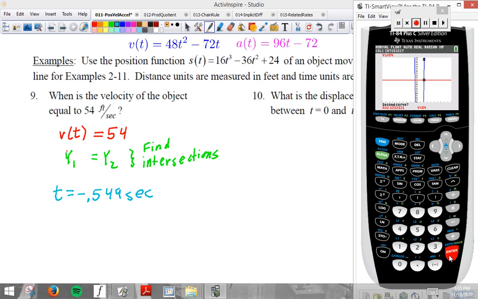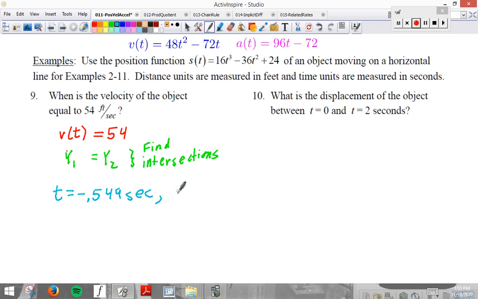It doesn't really matter at that point. That looks like around the intersection. Enter, enter. And there you find the second intersection to be at 2.049 seconds. And that's all there is to it.